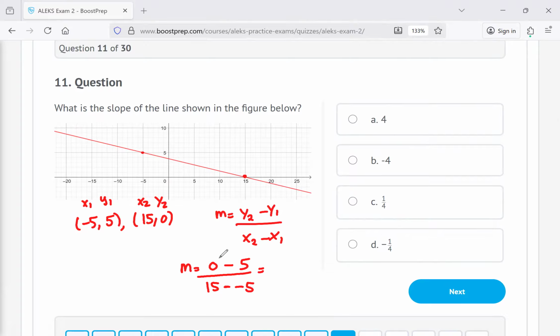Clean it up. What's 0 minus 5? -5. Two negatives becomes a positive. 15 plus 5 is 20. And I believe that the 5 can be reduced. So this is going to be -1 over 4. Okay. Not too bad, right?